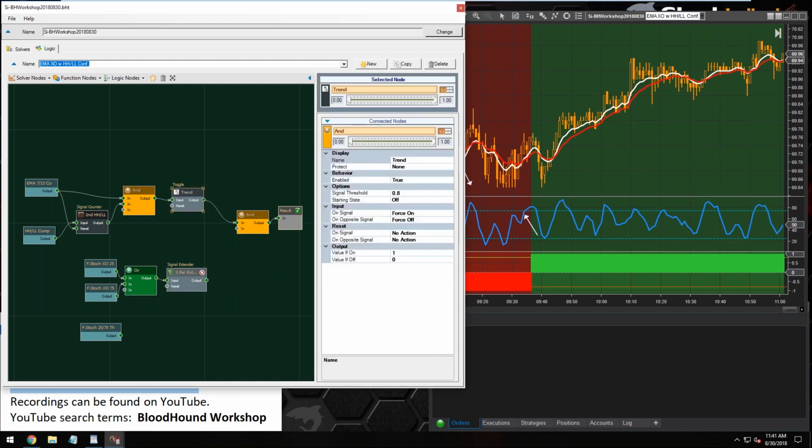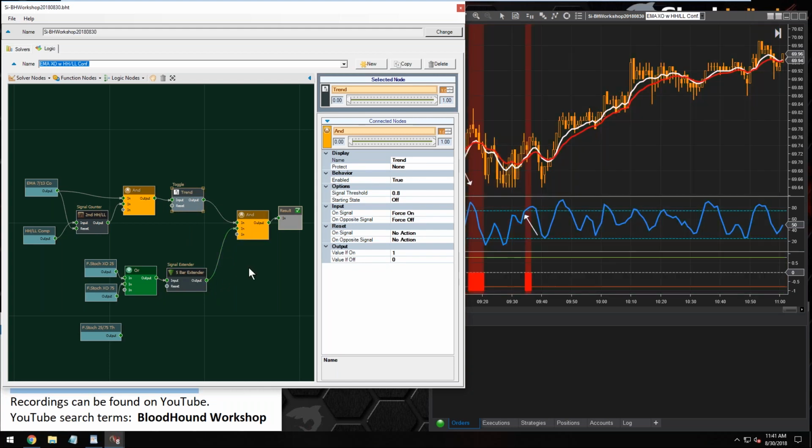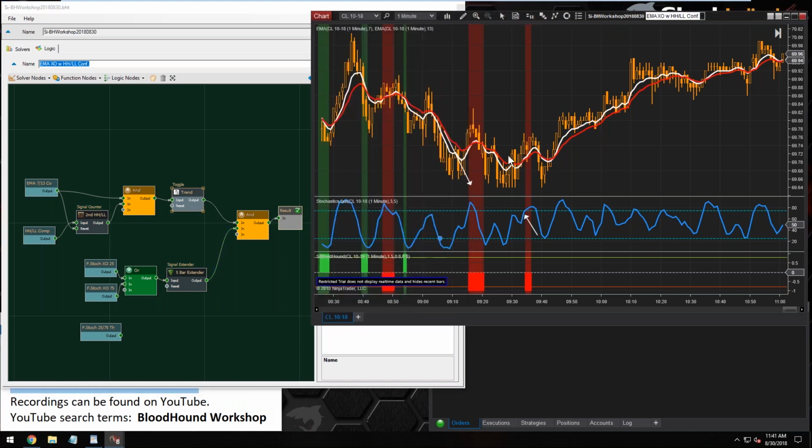And then I could connect in the signal extender here, like so. And basically that identifies, I'm guessing, potential entry points.